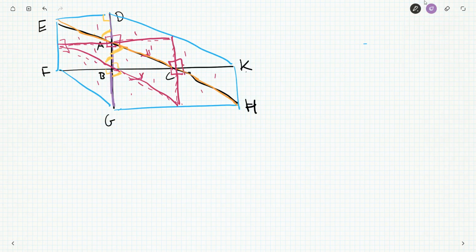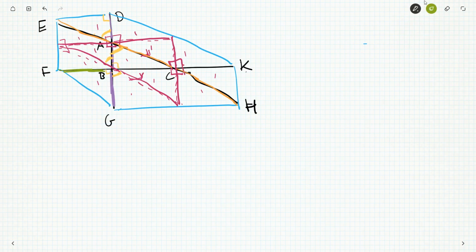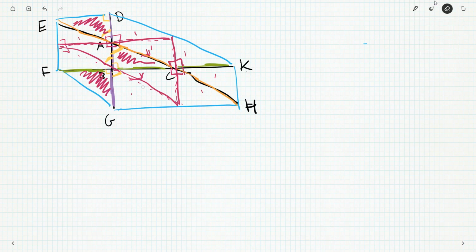So the purple lengths are the same, and now we need another color. We'll say green. Each of these green lengths is the same. So I'm going to fill in the ones that we've worked out. We know by side-angle-side this is the same as this one. And now by the same side-angle-side result, because we have a right angle and we've got the green and the purple, we know this is the same. What else can we do?